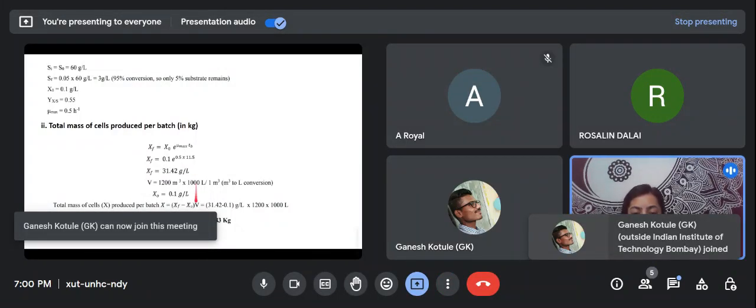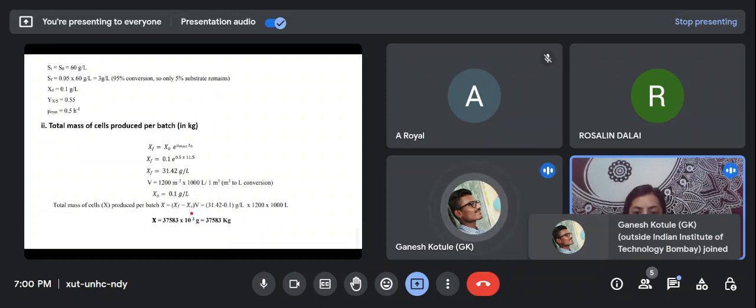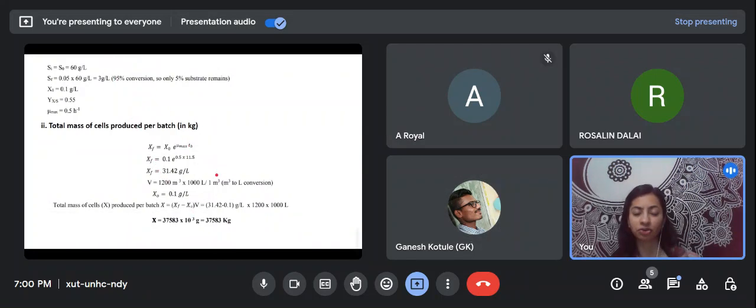Okay, so the total mass of cells produced, you will have to subtract the initial mass that was there, since that is not being produced. That is the mass that was already present, and that is the mass that you've already given to the bioreactor, right? So that is xf, the final biomass, minus the x naught, which is the initial biomass, into the volume of the bioreactor.